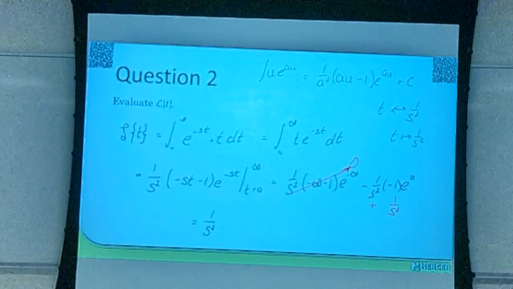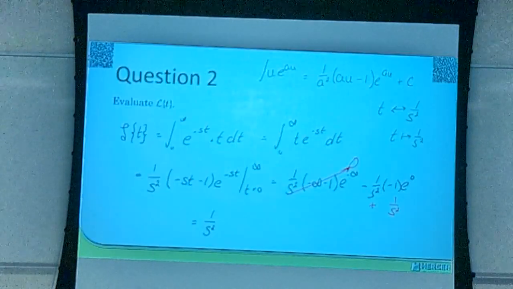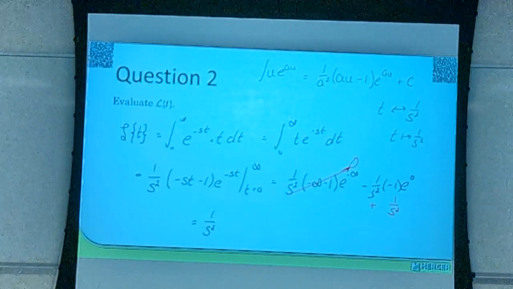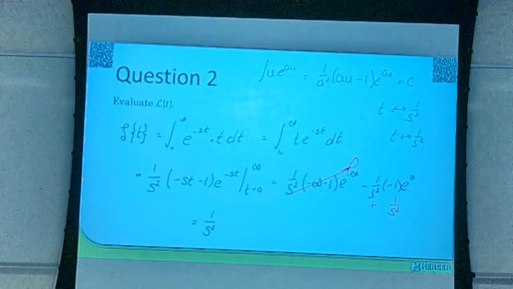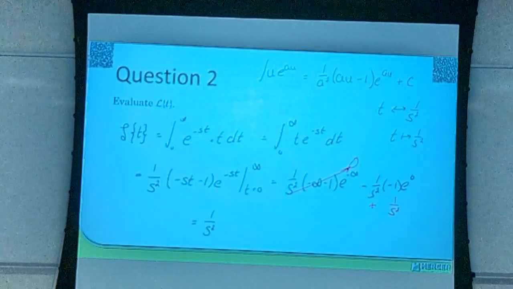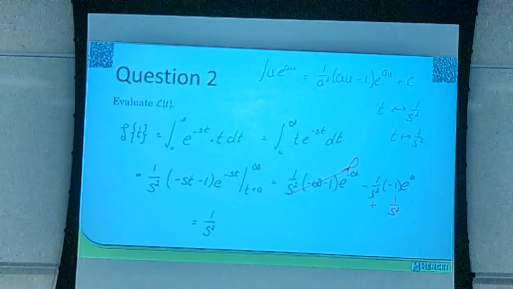This arrow here is a mapping, and the Laplace transform is just a map. It maps a function to a new function. So I'll be using that vertical bar arrow, but keep in mind your book uses the double arrow.